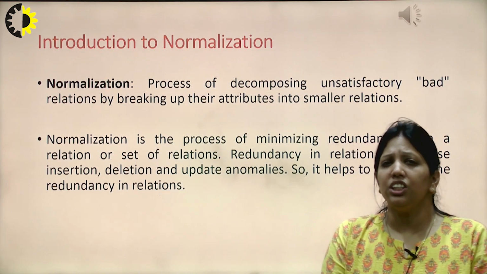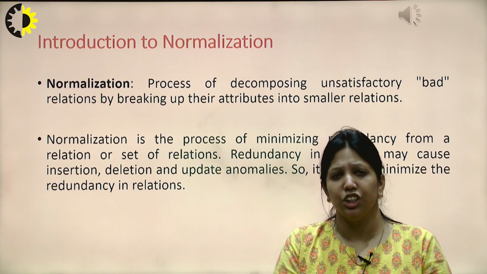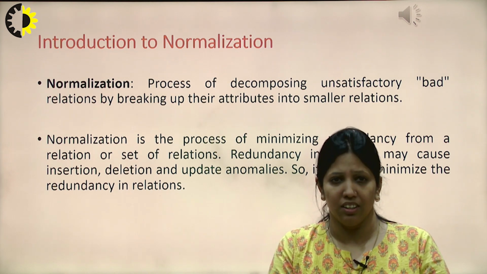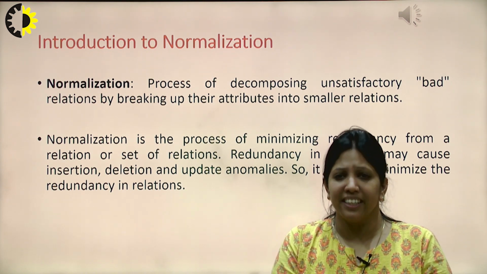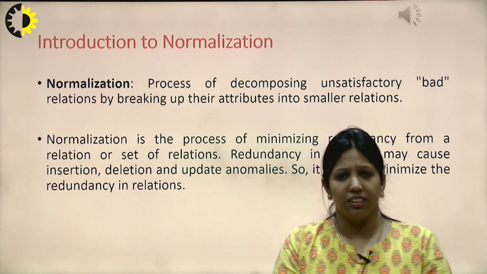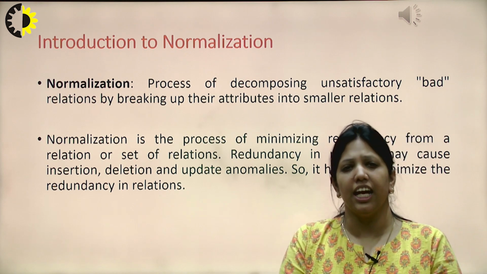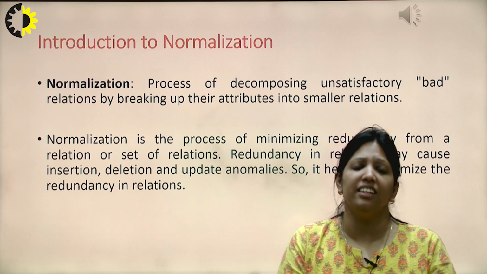Normalization is the process of decomposing unsatisfactory, bad relations by breaking up their attributes into smaller relations. Normalization is the process of minimizing redundancy from a relation or a set of relations. Redundant relations may cause insertion, deletion and updation anomalies, and we have to minimize the redundancy in the relations.